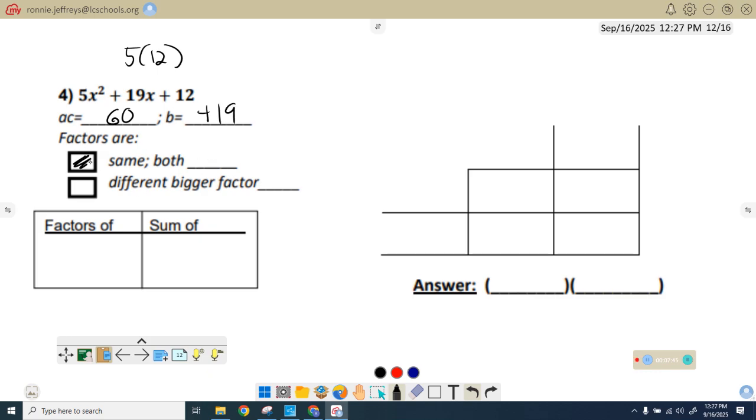So they're both going to be the same. They're both going to be positive. Okay. So yep, 15x and 4x. Now, we should get a 5 out of here, and an x, and a 4 out of here.